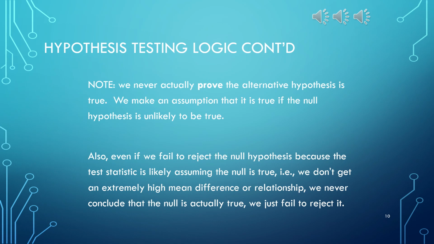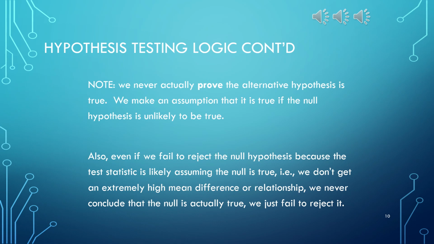We have just not found evidence to reject it, because we would need to conduct many, many more studies to see whether this pattern of results actually continues to be the case or not. So we can't actually say the null hypothesis is ever true.